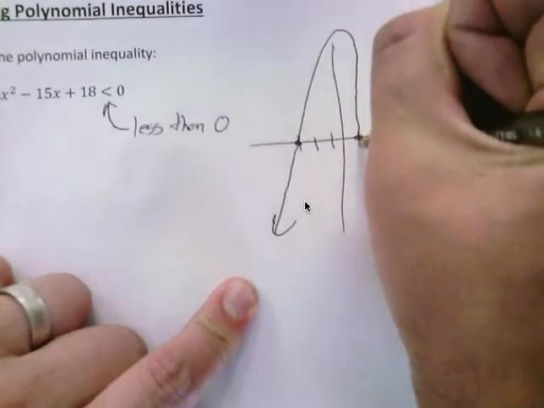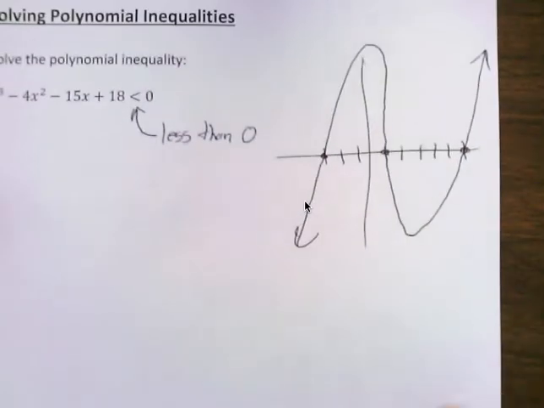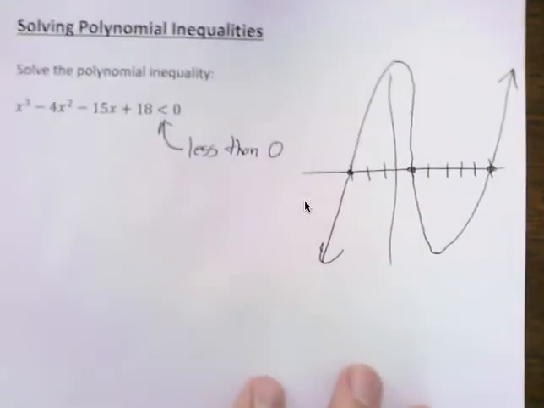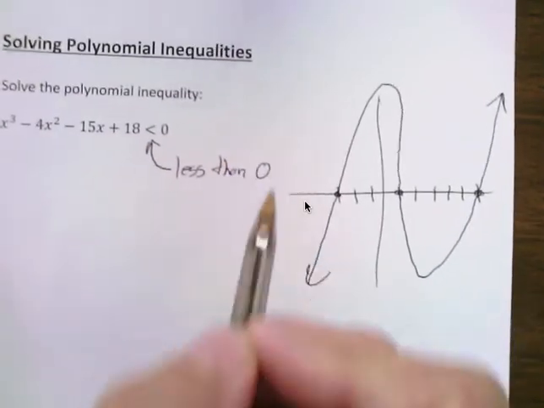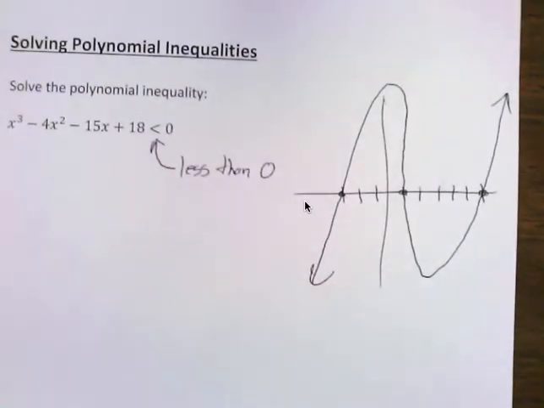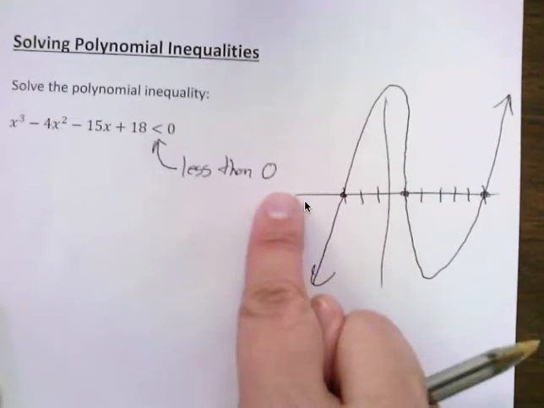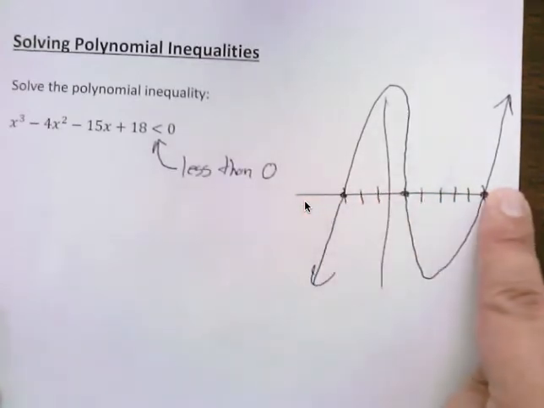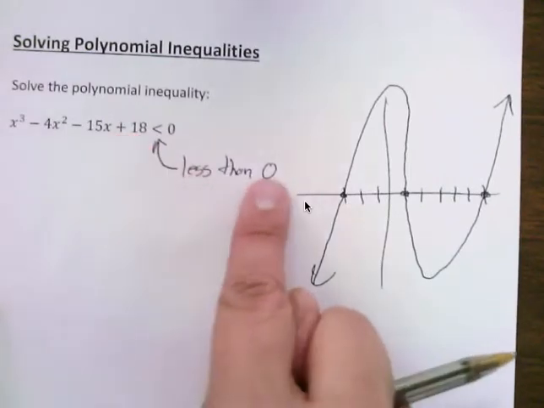So it's a very basic graph, but it's going to help us tremendously. We went up, came down, went back up. The graph is really going to be our key in being able to solve this polynomial inequality. When it says this polynomial is less than 0, I just want to look at the part of the graph that is less than 0. The x-axis is where y is 0, so we're trying to figure out when this polynomial is less than 0.